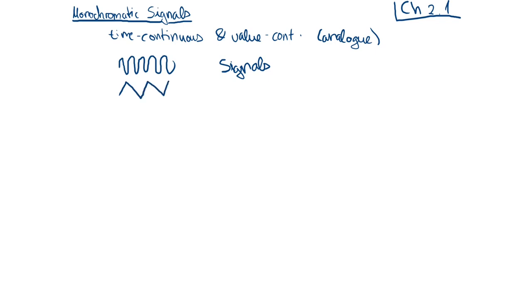And we can have some other signals which have a rather wild shape, so something like this, and there is no repeating pattern inside. So the first categories will be periodic signals, and non-periodic signals.